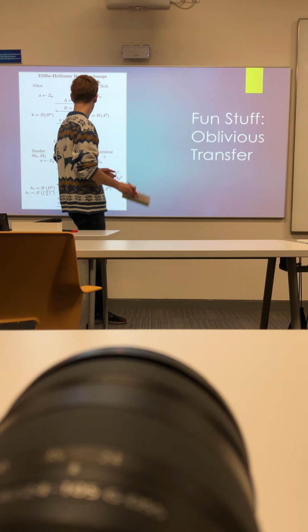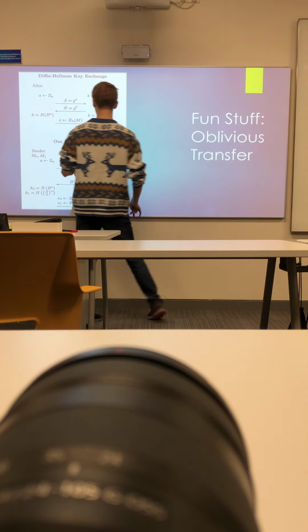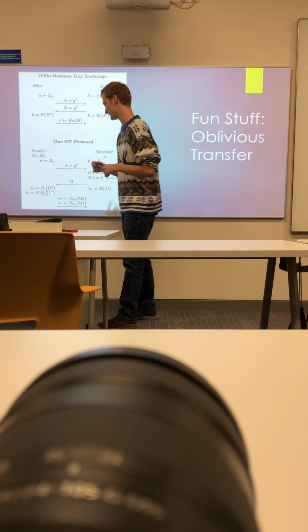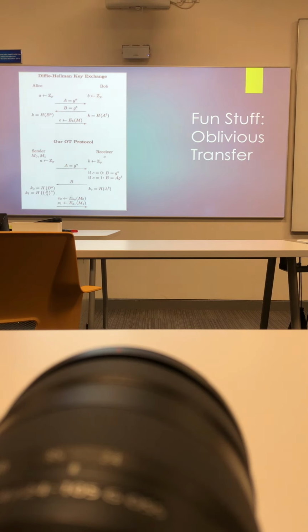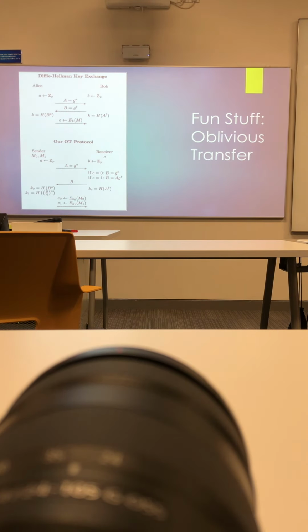Okay. So here's what we have for oblivious transfer. We've got Ginny and Evan. Ginny has the two messages. Evan has his choice. Basically, Ginny does the same sort of thing as before, where Ginny chooses a random number and computes the exponent once again.